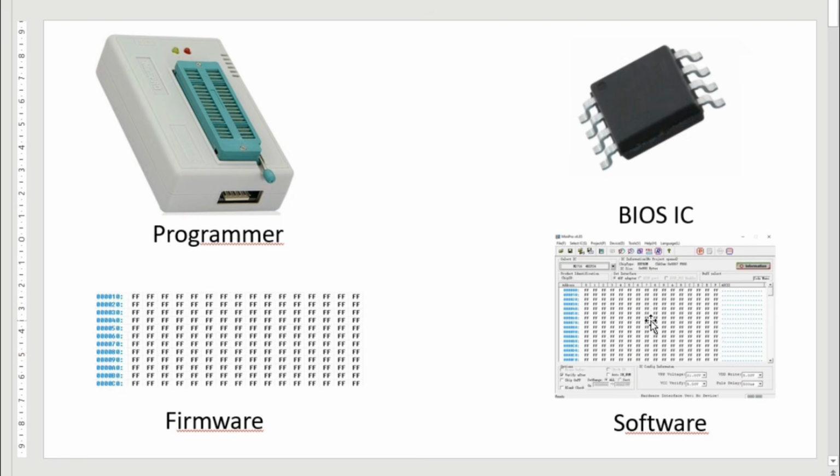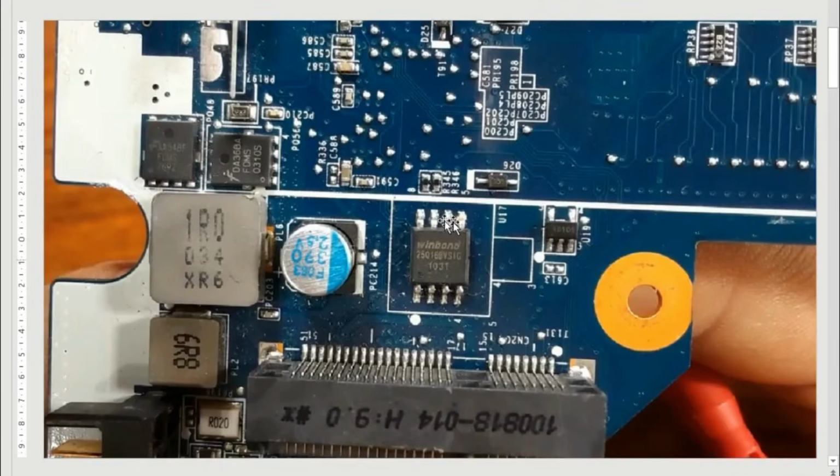The software is an application that helps us transfer the firmware from the computer to the BIOS IC. The firmware is in the computer, and via the software we will transfer it to the BIOS IC, and then we will install the BIOS IC in the motherboard, and the motherboard will work fine.